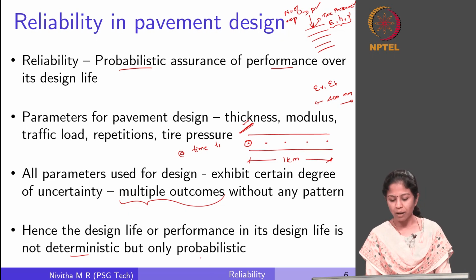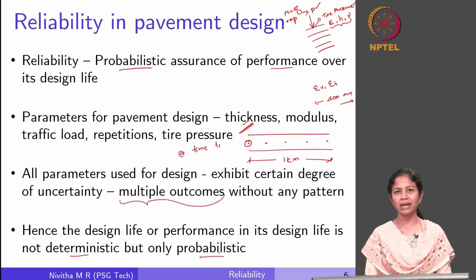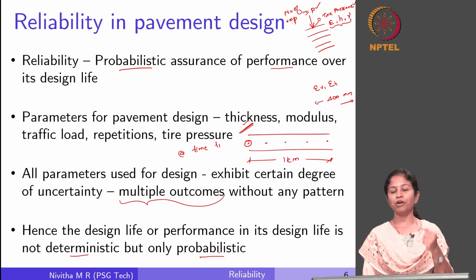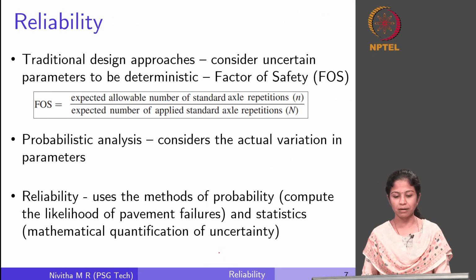It is going to be probabilistic. It can be only said with a certain degree of probability, and we cannot 100% certainly say that it is going to be this particular outcome for this process. So, that is the concept of reliability that we are using for pavement design.